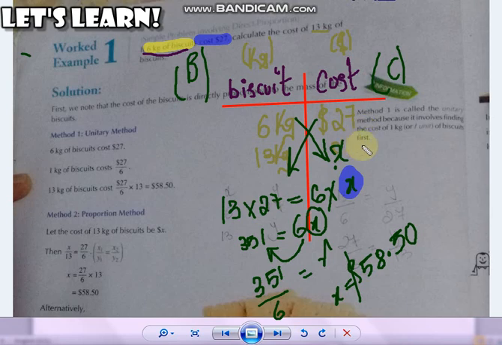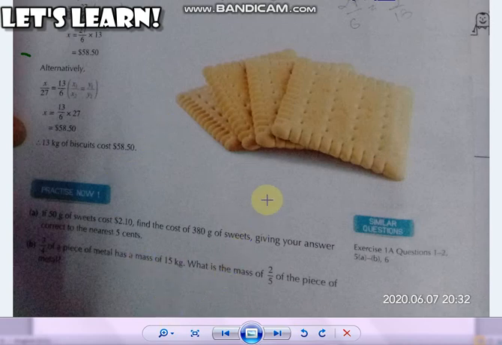Your x1 is basically C1 and this is C2. Similarly, this is B1 and this is B2. But I would prefer you doing the method I have told you, which is quite easy compared to this one. At times you get confused using this formula and these steps. So I would prefer you doing these steps. So let's move on. You can do these questions as practice questions. This will help you a lot.